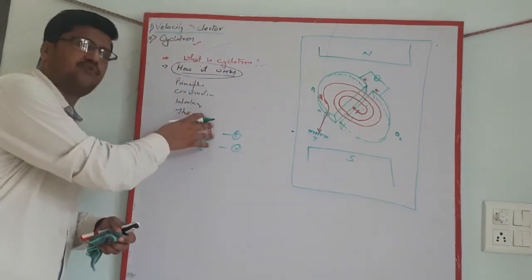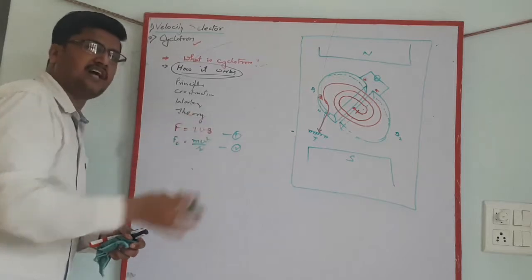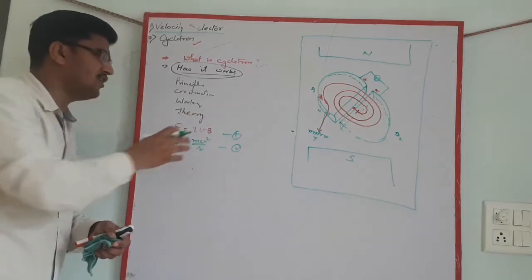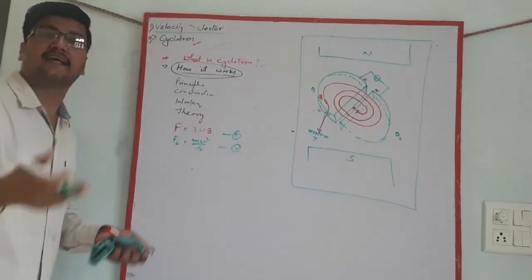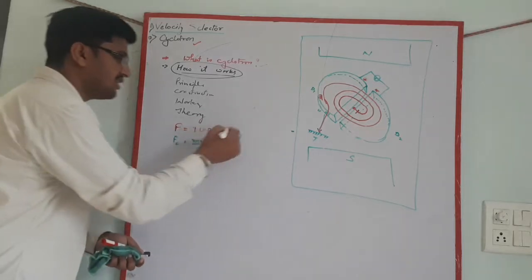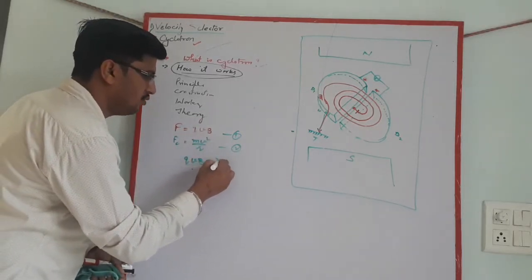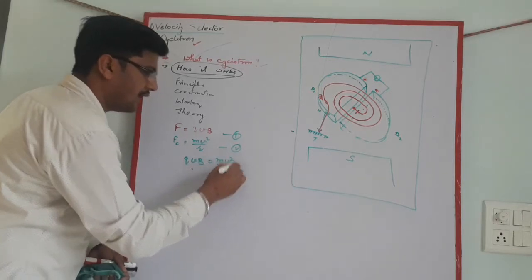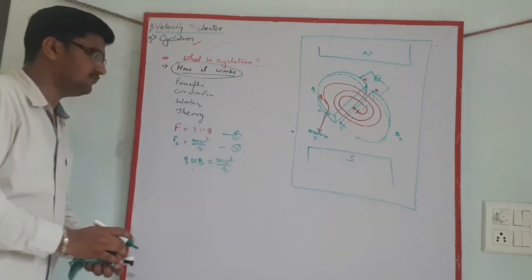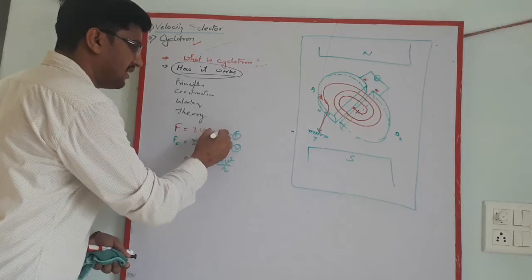This is the actual force which is present and which is making the charged particle rotate. Therefore, this is a force which is behaving like the centripetal force. So we can relate these equations: qvB is equal to mv square by r. Here there is sin theta.